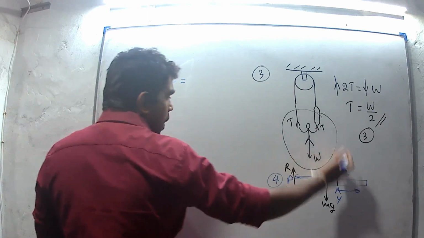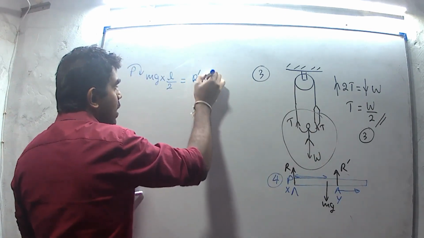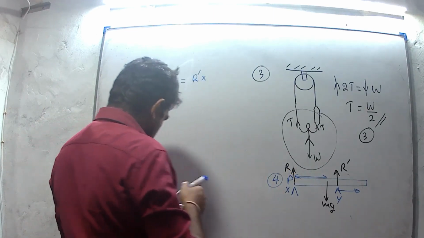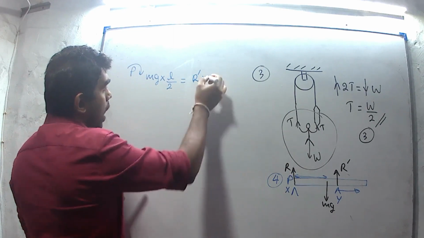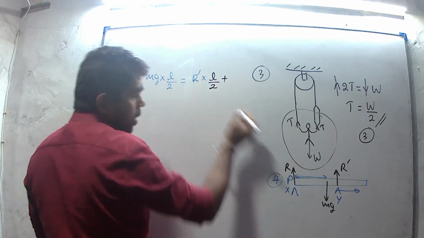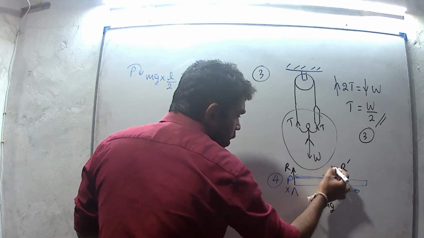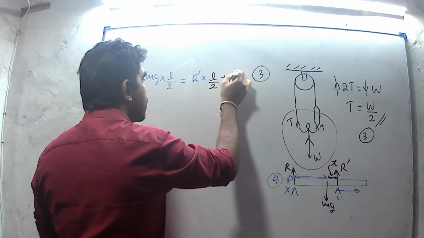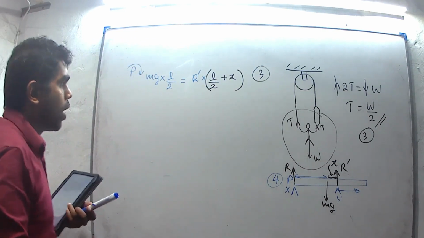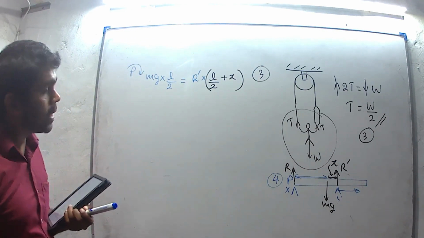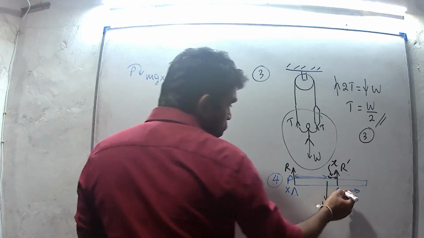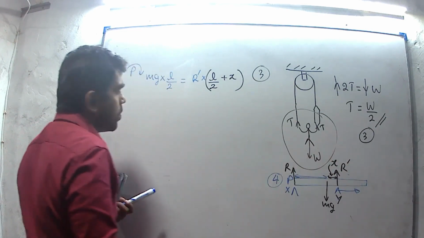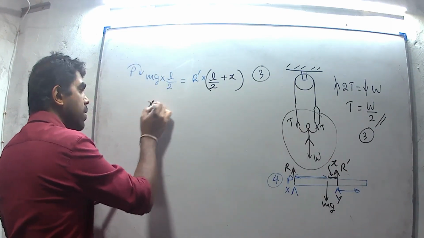Should be equal to the opposite torque. The opposite torque is given by R dash into the distance from P. The distance from P is L over 2 plus this length. I will consider it as x. L over 2 plus x. Now we can consider when Y is moving to the right hand direction, this x value is increasing.